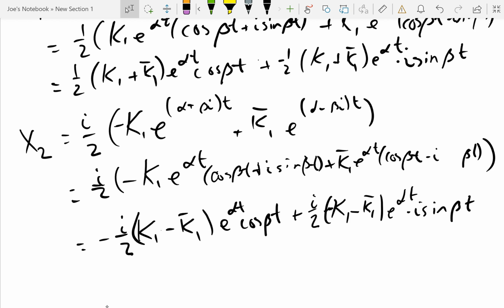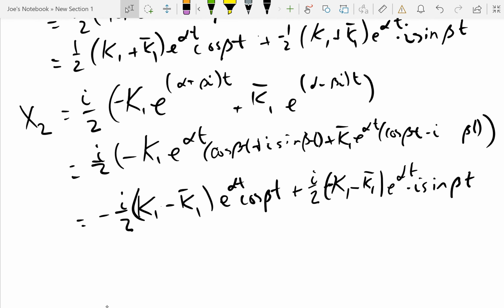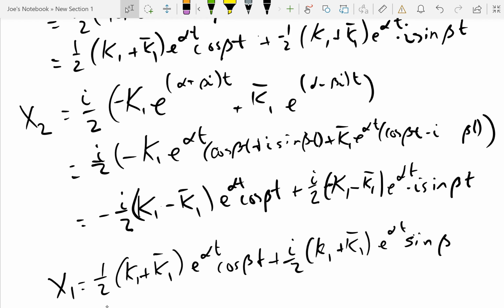All right, so let's look at this real quick. Notice I have an i here, so I'm just going to put it out here this way. We'll write this as, so your x1, if we rewrite it, that's 1/2 k1 plus k1 bar e to the alpha t cosine of beta t, and then plus i over 2 k1 plus k1 bar e to the alpha t, sorry, not i anymore, sine of beta t.